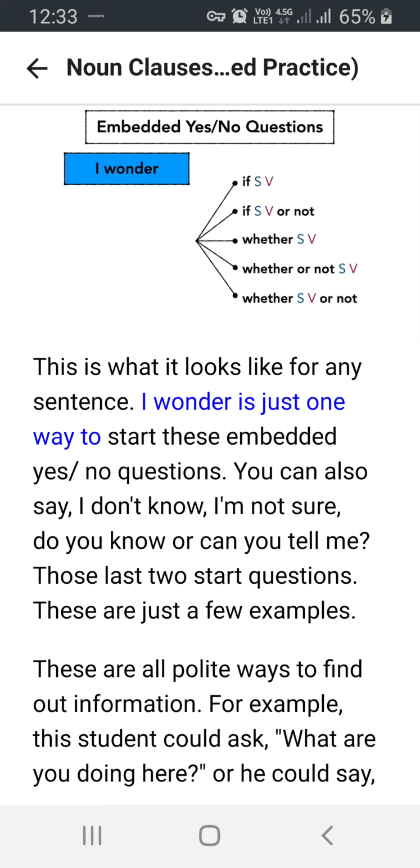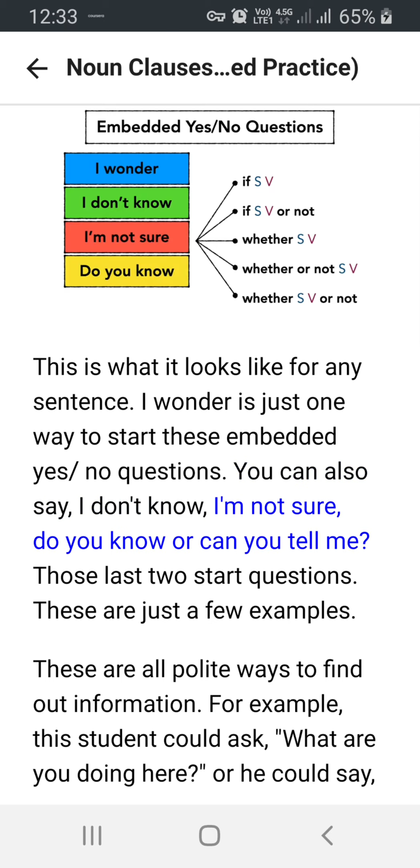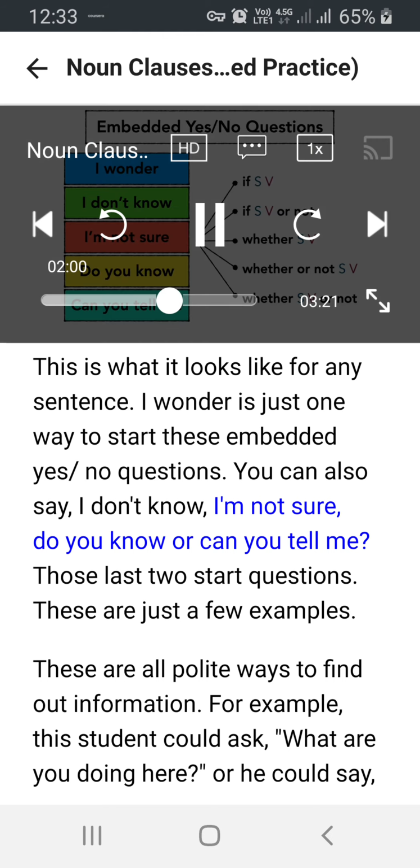And I wonder is just one way to start these embedded yes-no questions. You can also say, I don't know. I'm not sure. Do you know? Or can you tell me?